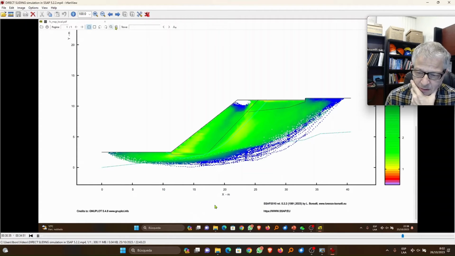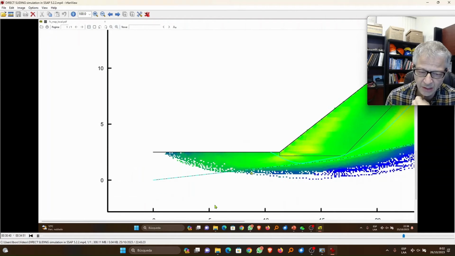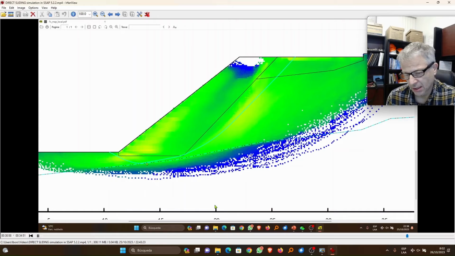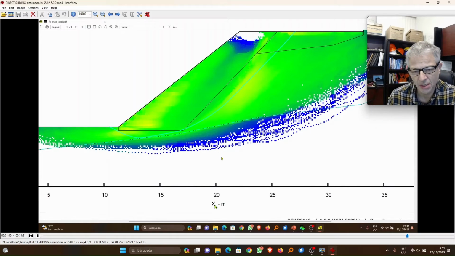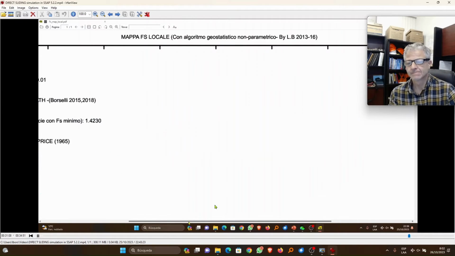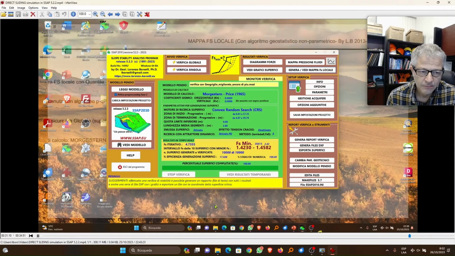You can see that a similar pattern exists with respect to the other, but a little bit different, because we have some pattern similar to the other one, with the horizontal effect of direct sliding, but the situation is much more stable with respect to the other.